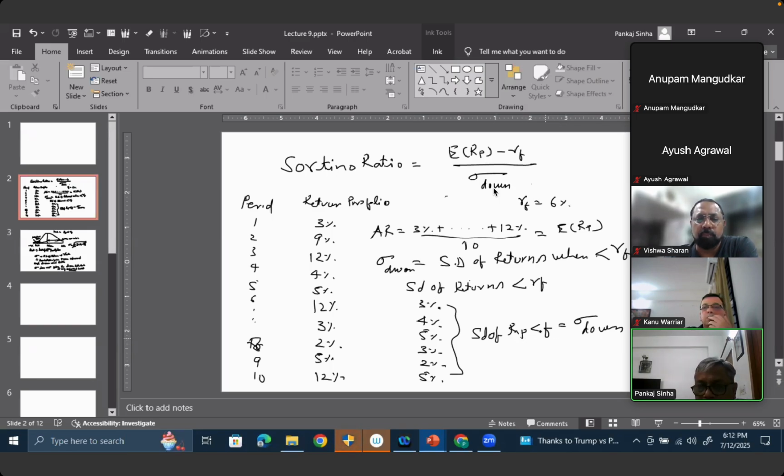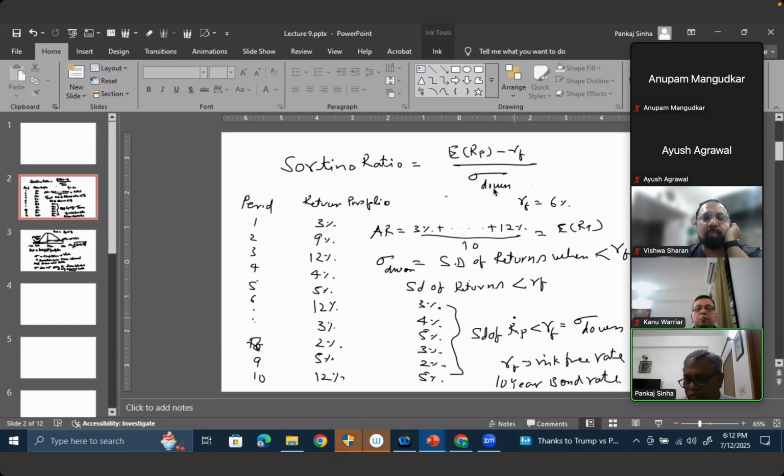This is RF, the risk-free rate. And this is the 10-year bond rate. So what is the yield of the 10-year bond? That is supposed to be your risk-free rate. And you can easily find out what is the risk-free rate in India.